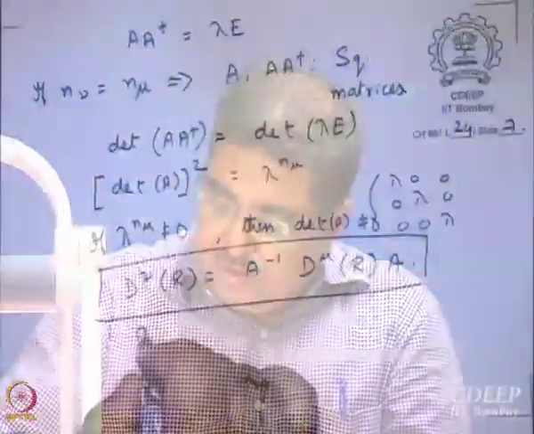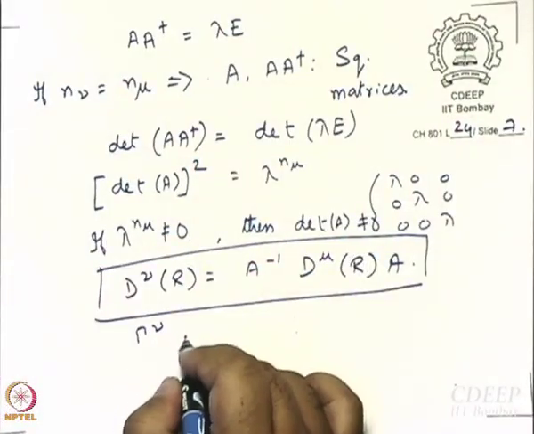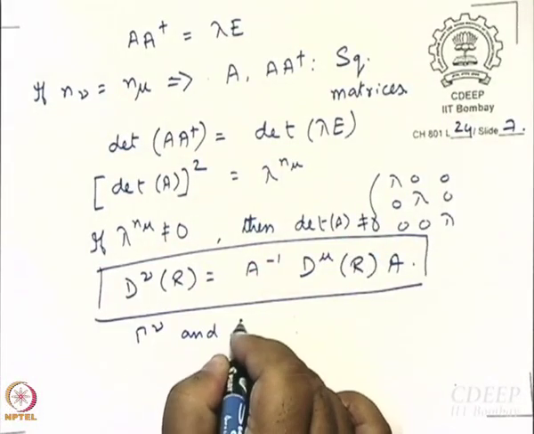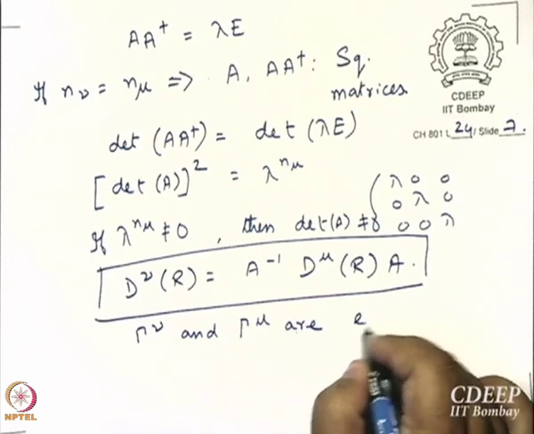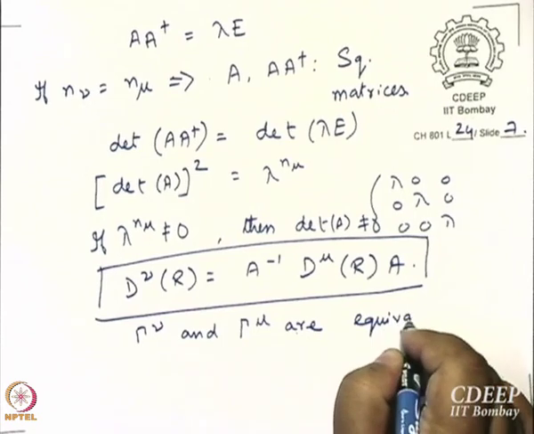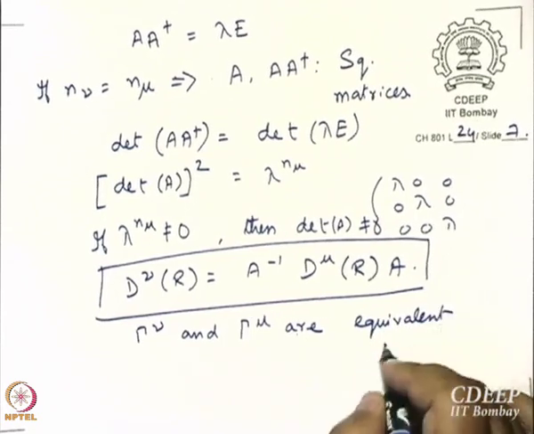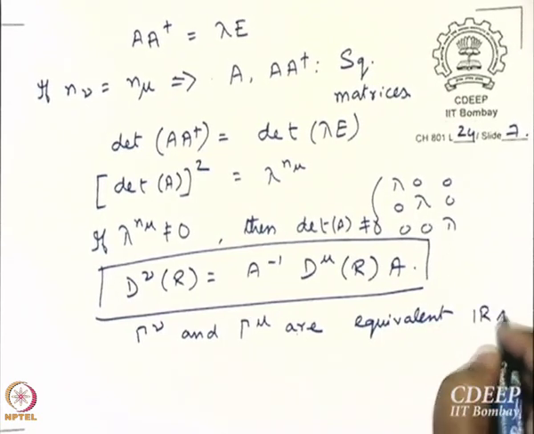What is the relationship? The corresponding transformation matrices are similarity transformations of each other, which means that gamma nu and gamma mu are equivalent matrices, equivalent IRs, sorry.